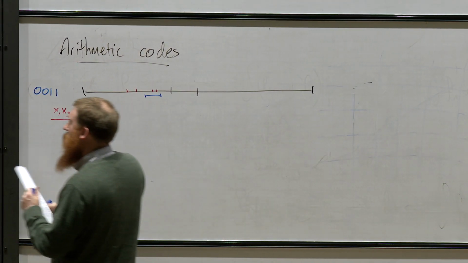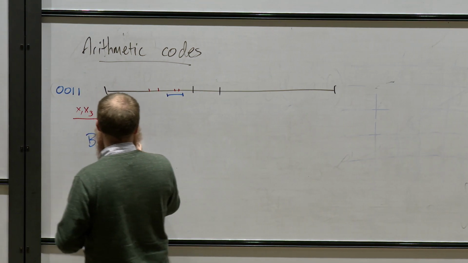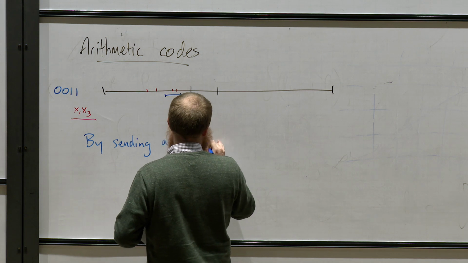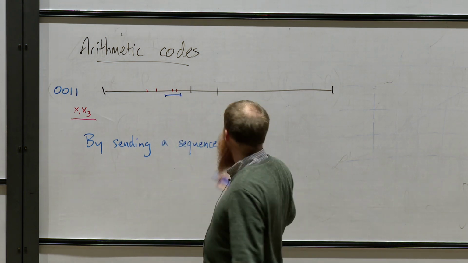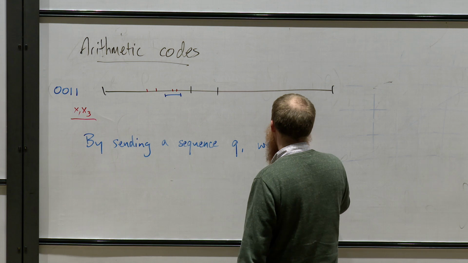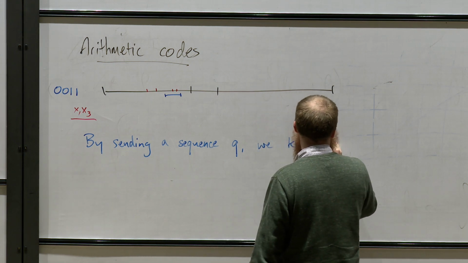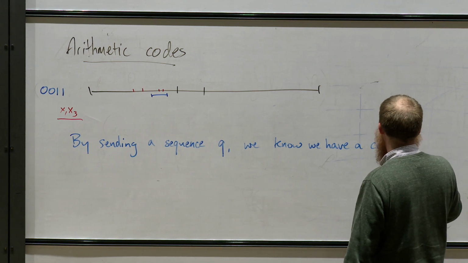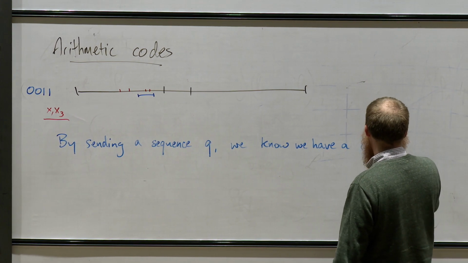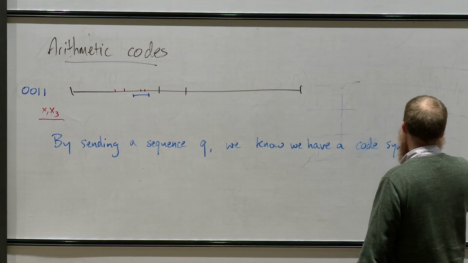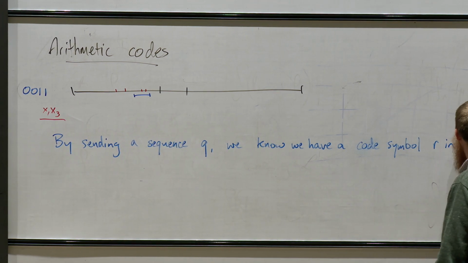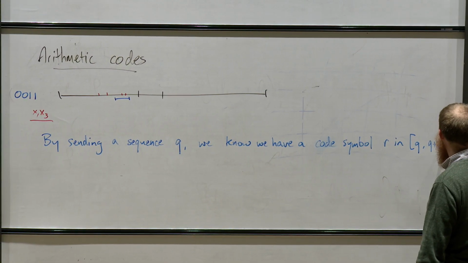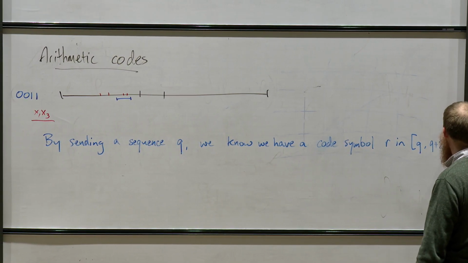So by sending a sequence, let's call it Q, we know we have a code word or a symbol, code symbol R in [Q, Q + 2^(-length of Q)).